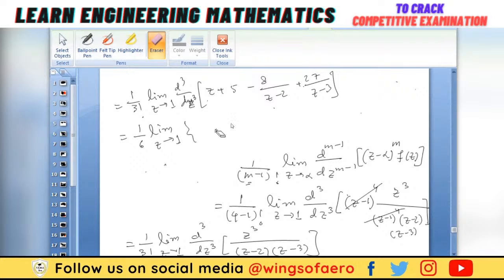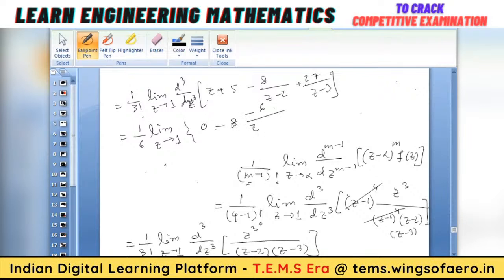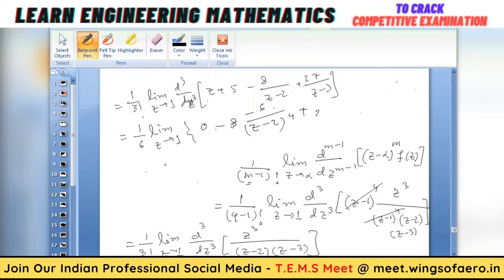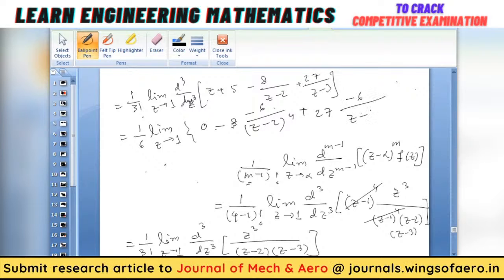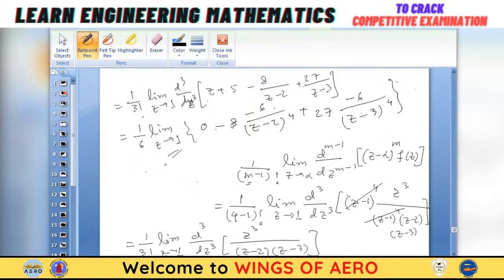I am directly getting the answer because it will take time. Simply putting z tends to 1, the value of z will be transferred to 1 after taking the derivative.